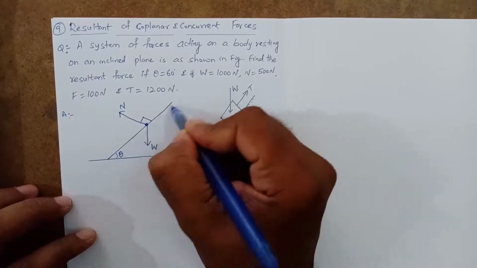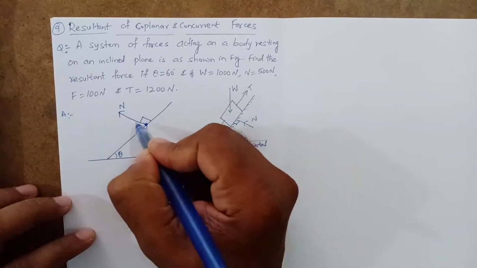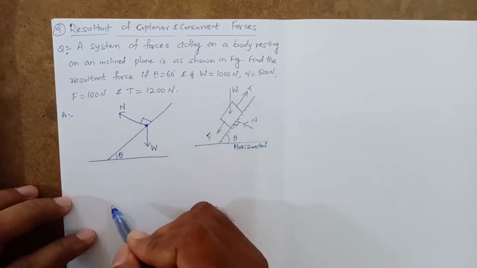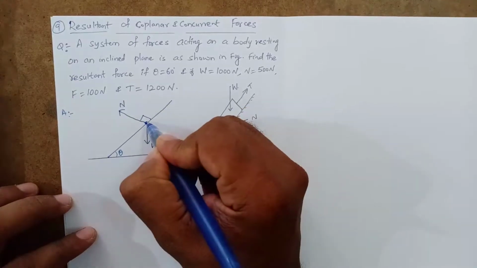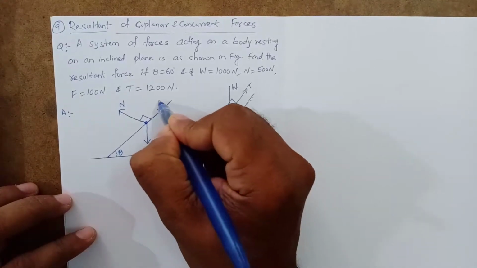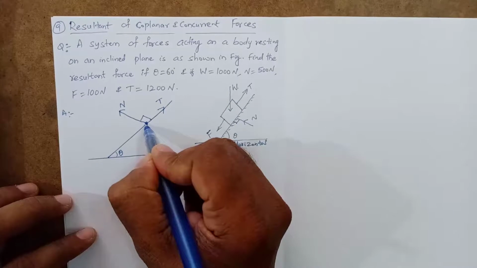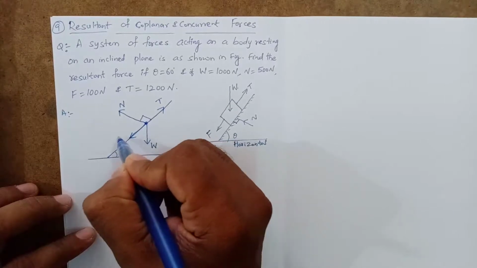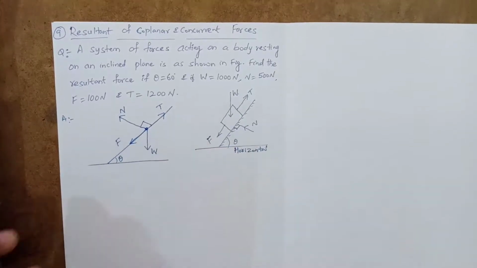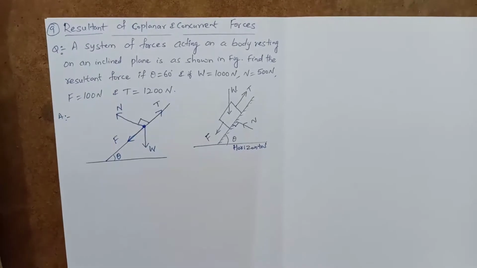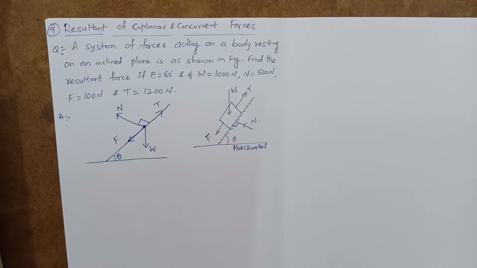So this is the inclined plane and this direction is the normal to the inclined plane. And here we have another force T along the inclined plane and another force F down the inclined plane. So these are the forces acting on this body which is resting on the inclined plane.